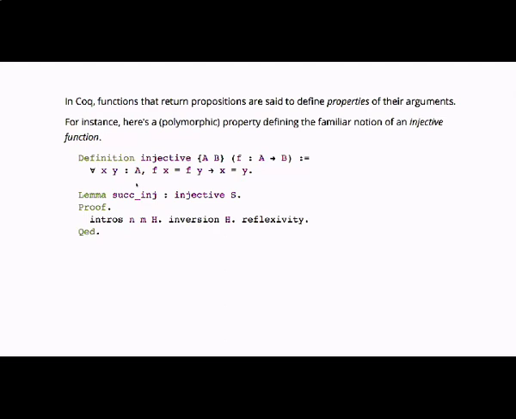Functions that return propositions are a very useful kind of thing, and they're so often used that we give them a special name. We call them properties. So a function from numbers to Prop is a property of numbers. Why? Well, for each number, it picks out a proposition. Some of those propositions are provable, and some are not.